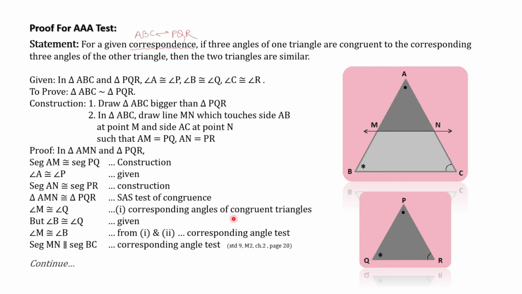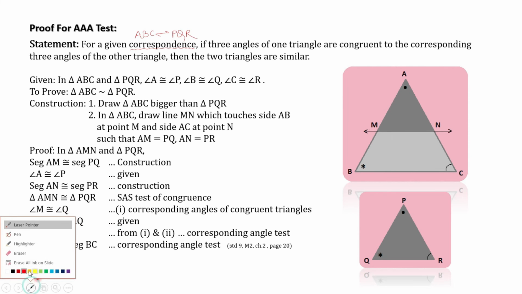So angle B is congruent to angle Q is given, and angle M is congruent to angle Q from 1 and 2. Now where is 2? 2 is missing here. So this is the second equation. Let me write this.